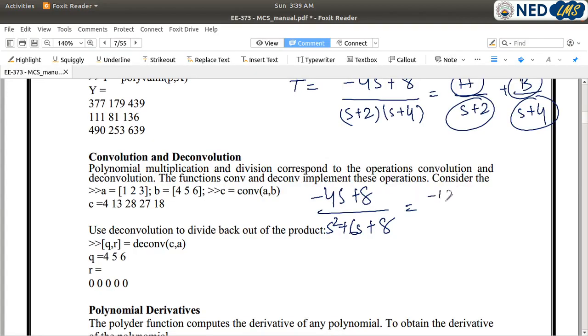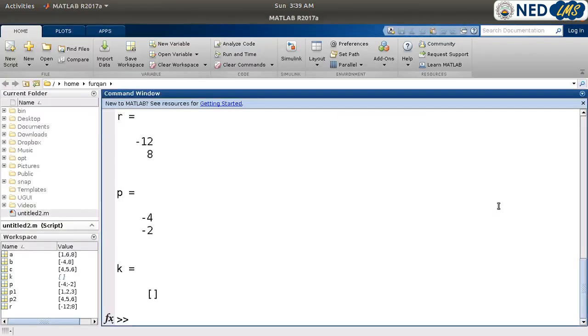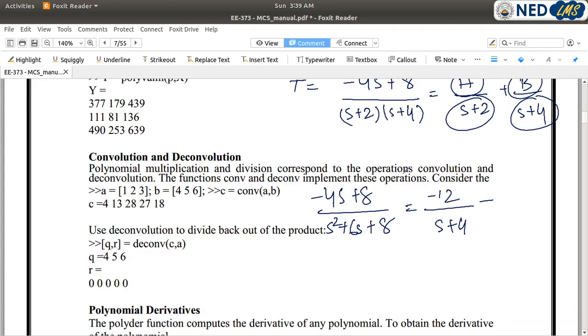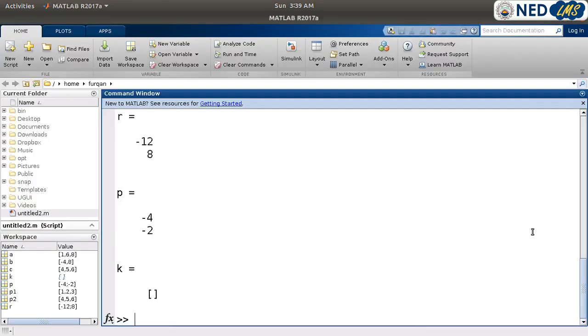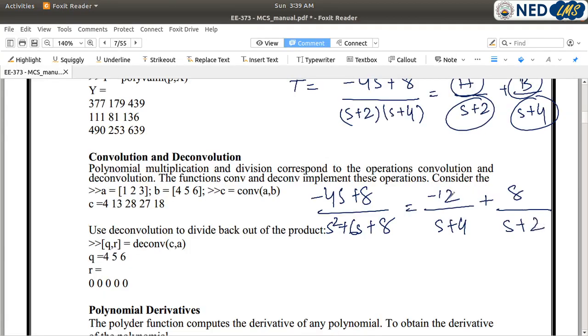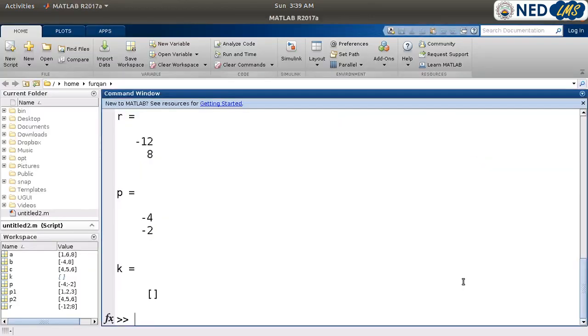So minus 12 over s plus 4, and the value 8 will come above the pole minus 2. So plus 8 over s plus 2. So we have converted this transfer function into a partial fraction.